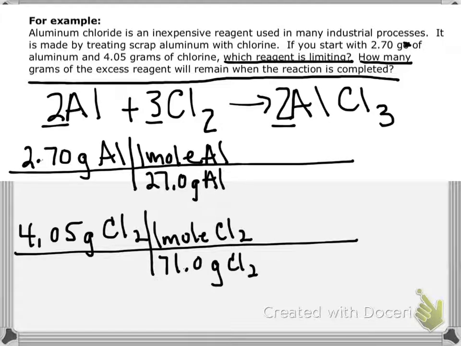Okay, so now I have the units that I need to actually work with those coefficients from my balanced equation, because I have moles of each one of my reactants.